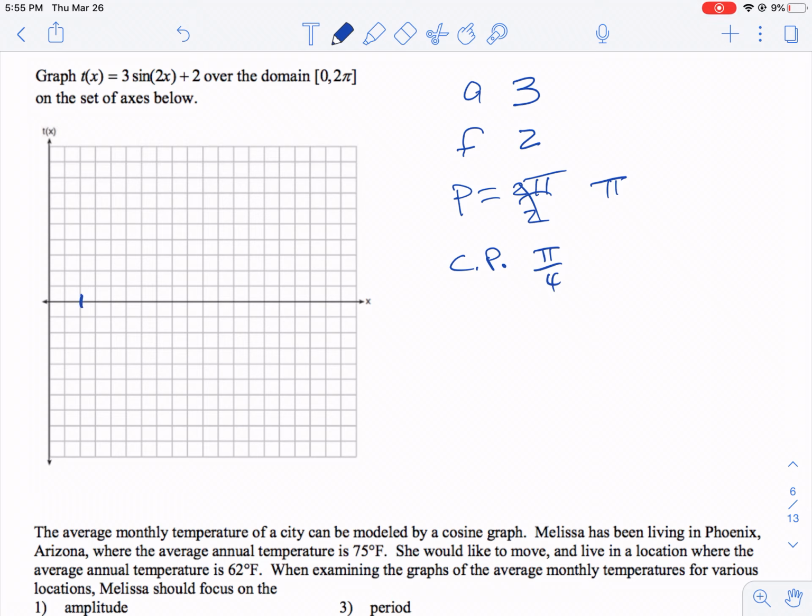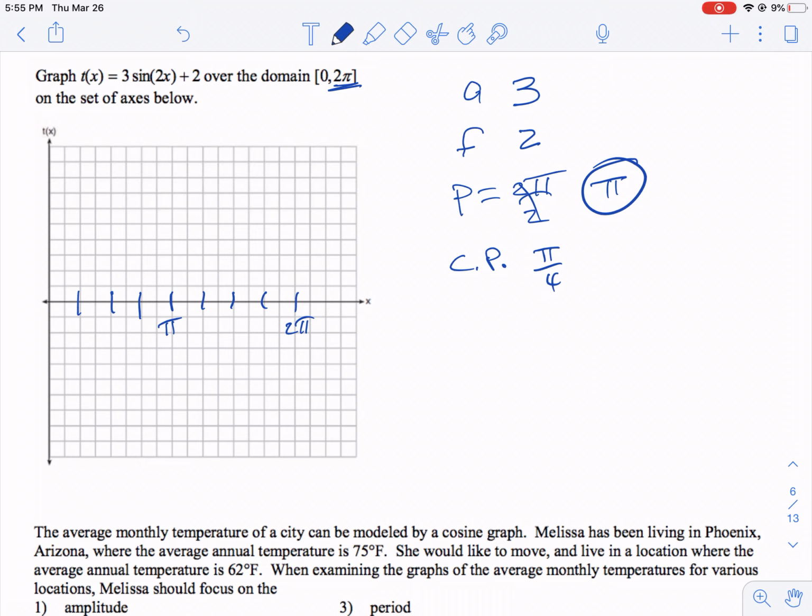Actually, you don't even need to do that. Okay, so the period is pi. They want us to graph all the way to 2 pi. So there's going to be 1, 2, 3, 4 points to get to pi. 4 more points will get you to 2 pi. If you wanted to, you could count by pi fourths and label them all, but you don't have to.